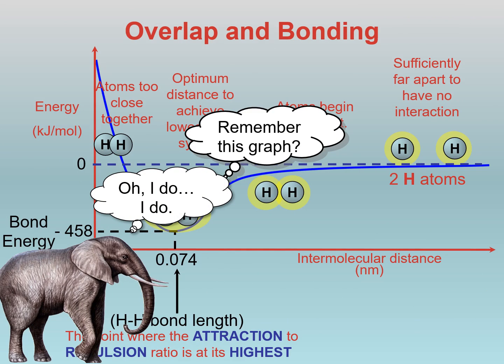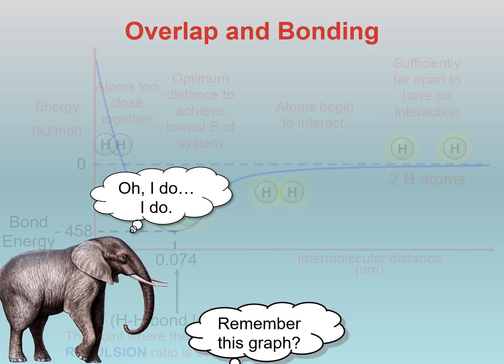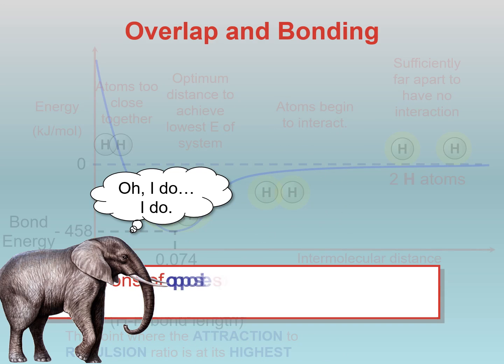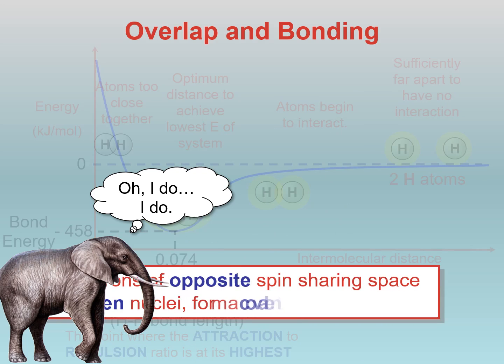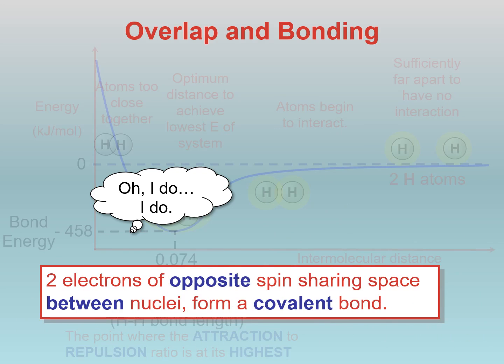Remember this graph? There's the elephant. He's annoying. Anyways, basically there's an optimum distance between atoms where electrons can be. If they're too far apart, they don't bond, and if they're too close to each other, they don't bond, because the nuclear charge of the two atoms will push them apart if they get too close.